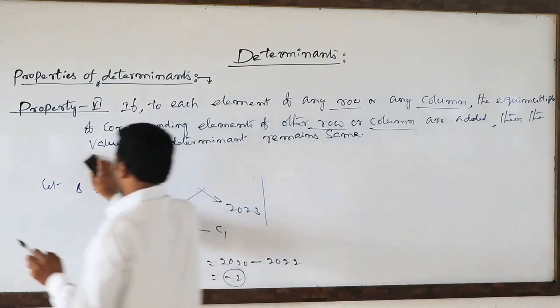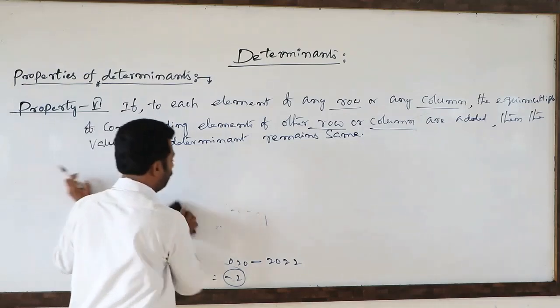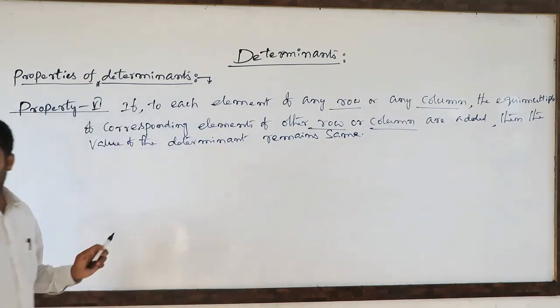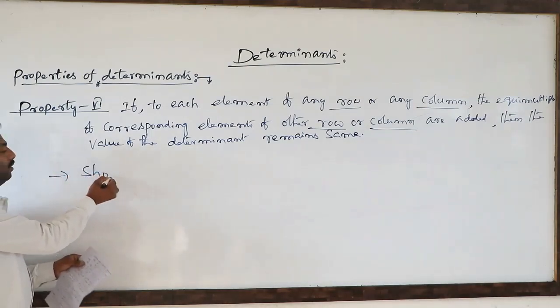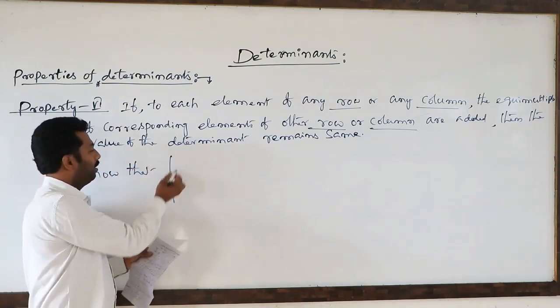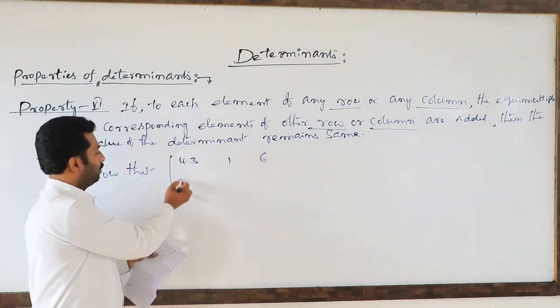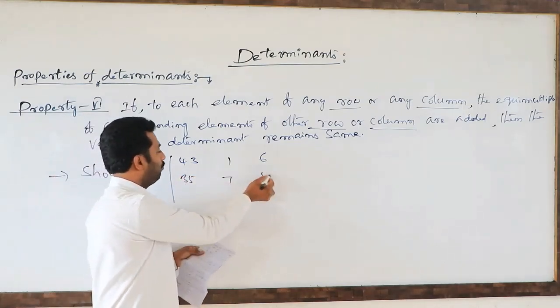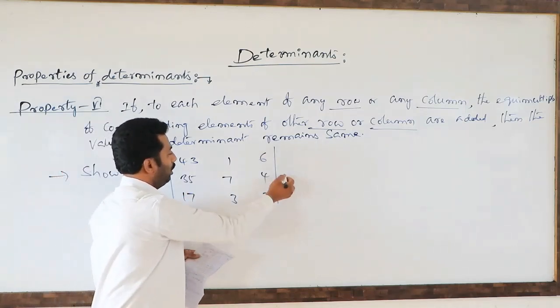One more example based on this property. Show that the determinant with rows 43, 1, 6; 35, 7, 4; 17, 3, 2 is equal to 0.